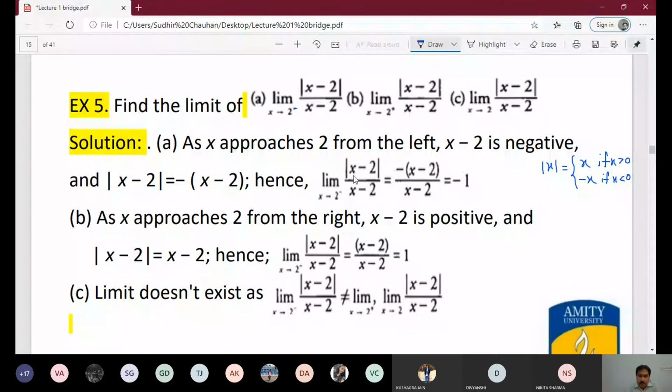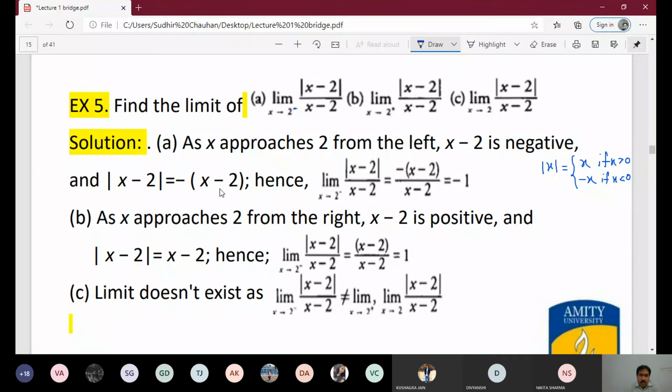So anyhow, when we remove this mod, the function should be positive. As x approaches 2 from the left, x minus 2 will be negative, so we'll put a minus sign so that it will remain positive.